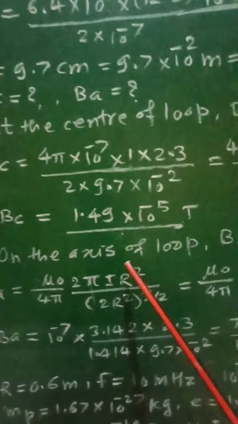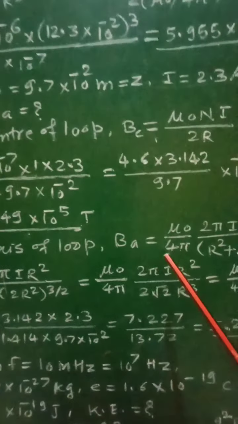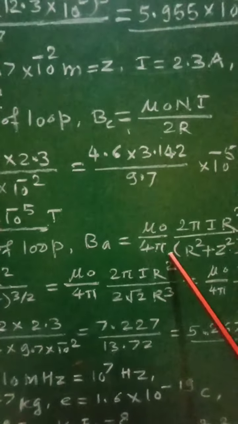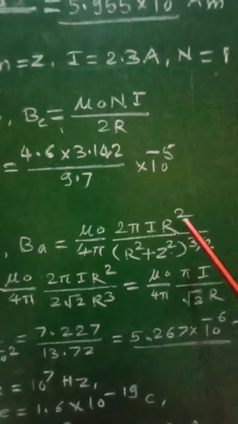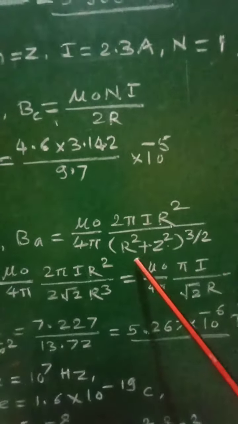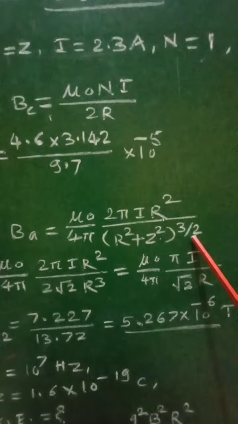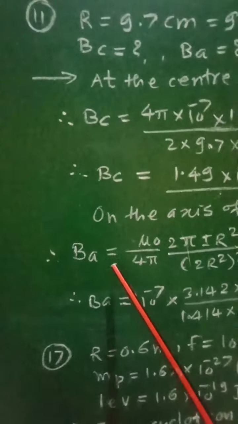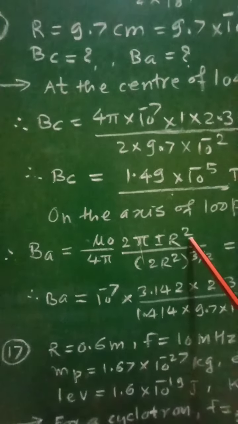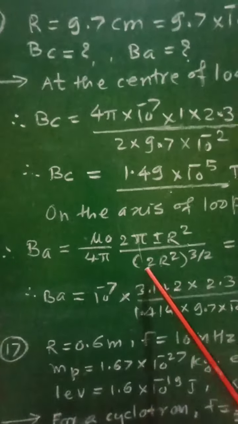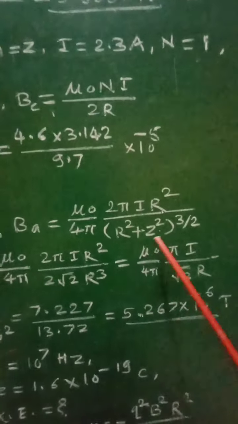Now on the axis of the loop, B axis will be given as mu 0 upon 4 pi into 2 pi I r square upon r square plus z square raised to 3 by 2. Therefore, it will be written as BA equal to mu 0 upon 4 pi into 2 pi I r square divided by 2 r square raised to 3 by 2, because this r equal to z.